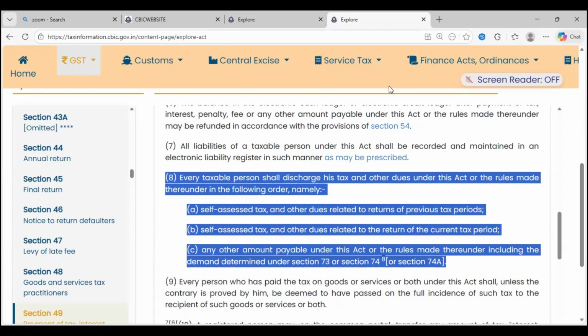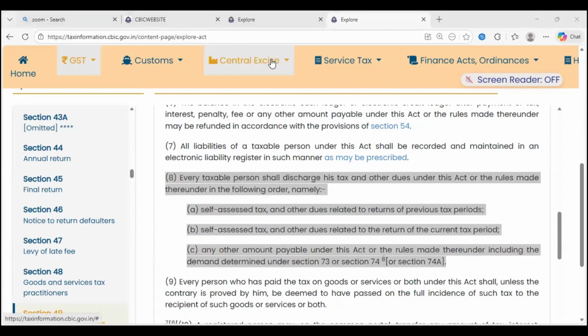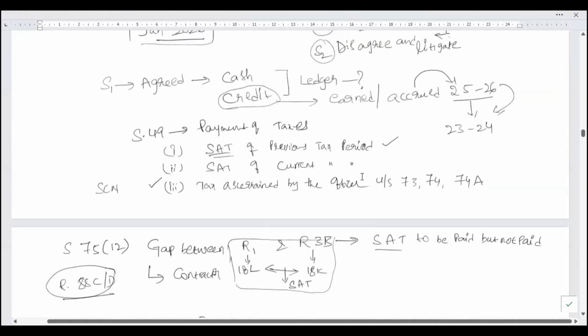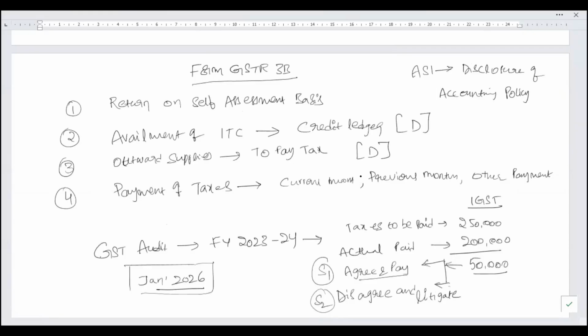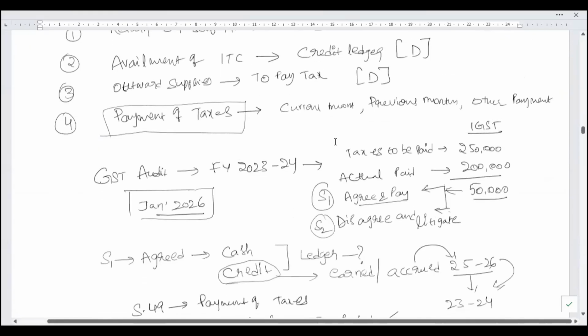Clear? So this is what we need to understand with respect to payment of taxes: input tax, output tax, and finally payment of taxes. This is what they talk about. Coming back.